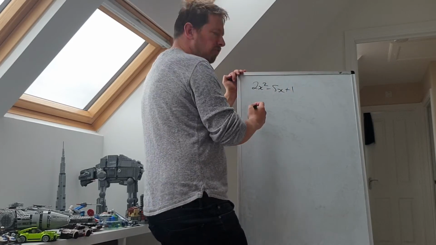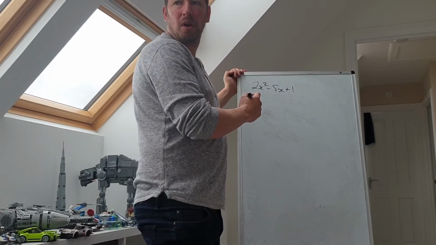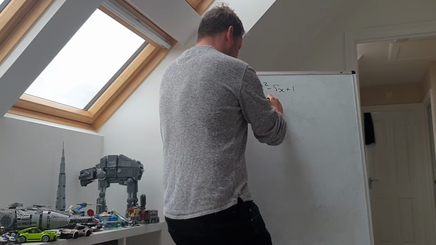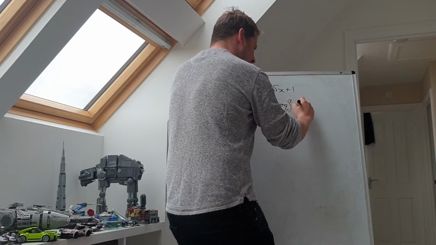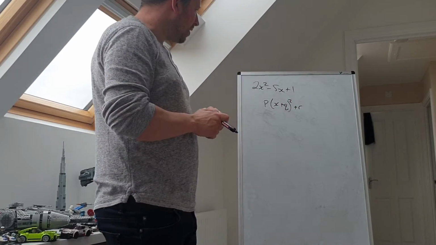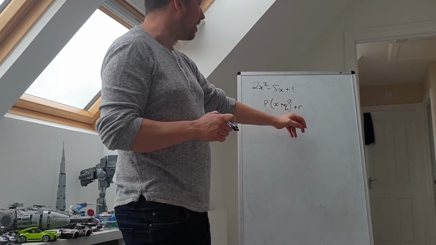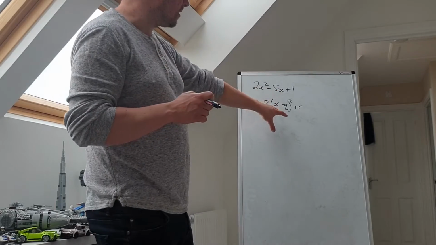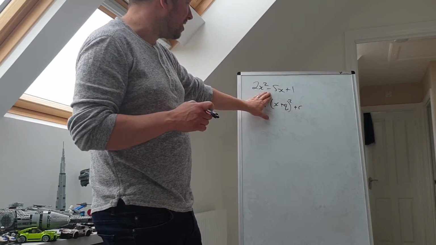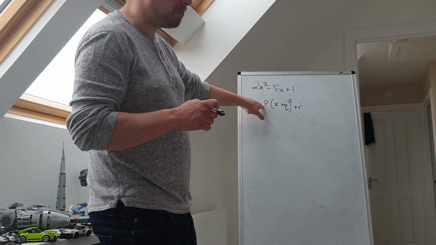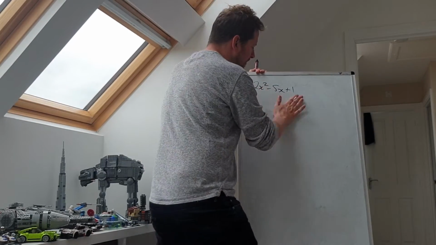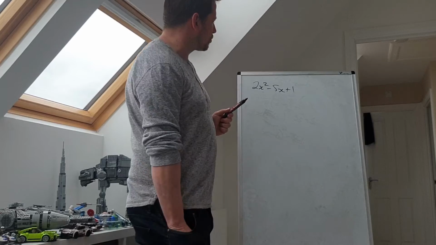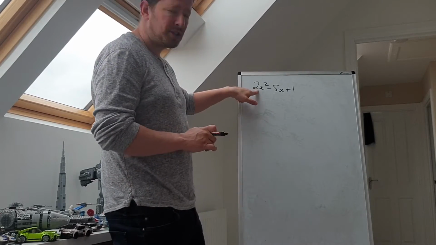And then what they'll say is they'll say write it in the form of p(x plus q) squared plus r. Or they might use different letters for p, q and r. So basically we've got to make it look like completing the square, which is what we've just done. There's a number in front of it, well p in this case. So what we do there, the thing that makes this one trickier is the fact that we've got a coefficient of x squared.